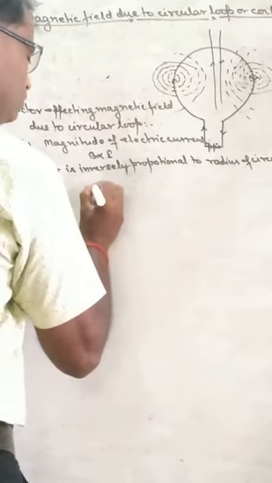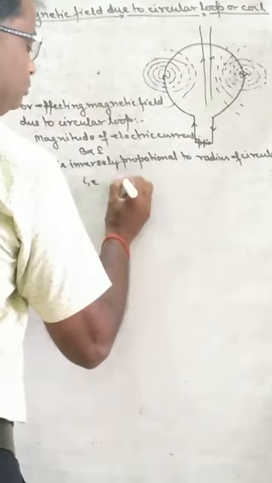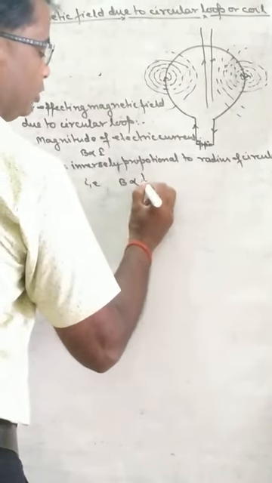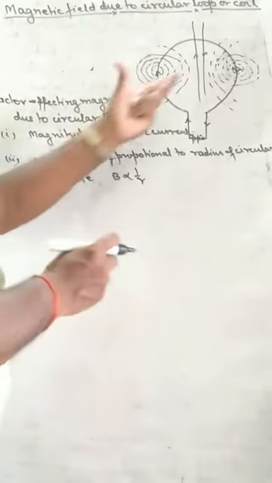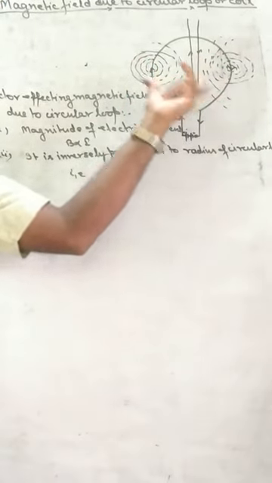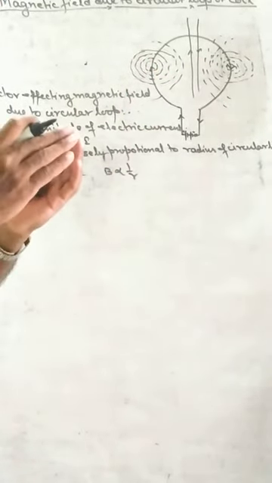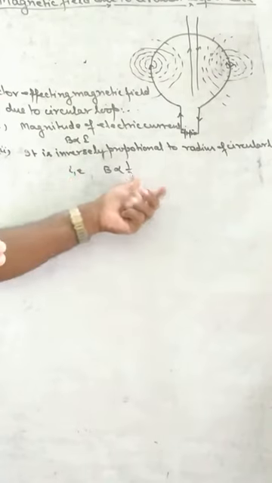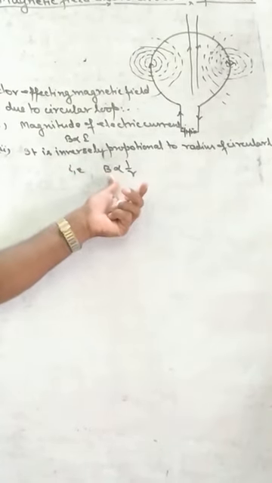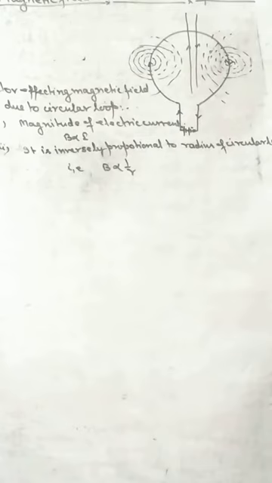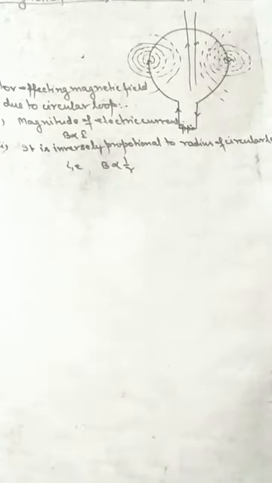That is, B is inversely proportional to radius. This means the bigger or greater the radius of the circular loop, the less magnetic field is produced.